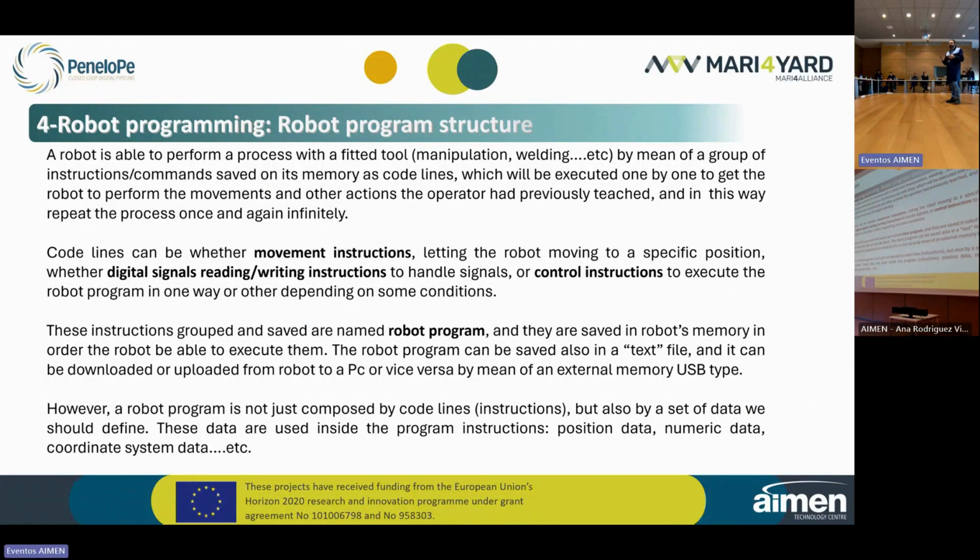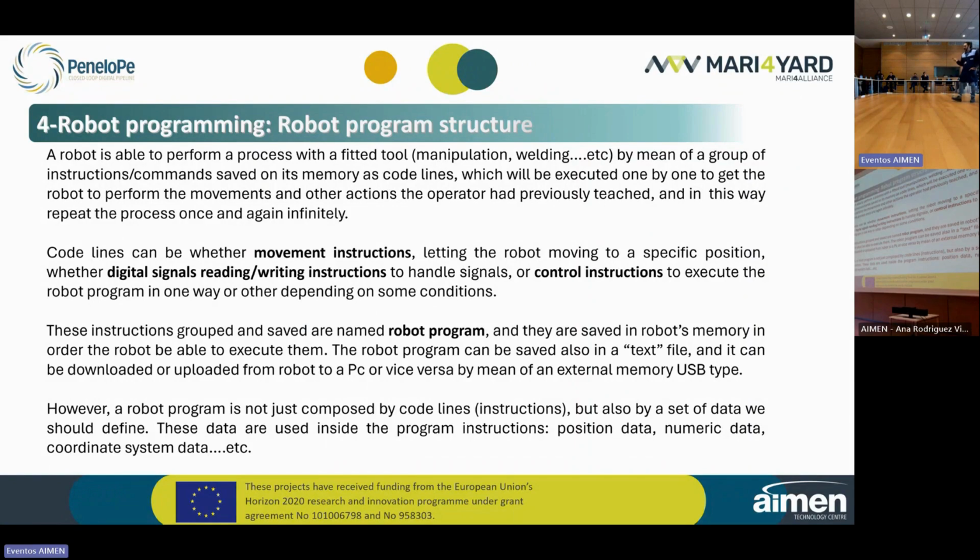This is saved in the robot's memory so the robot is able to execute it inside the control system. Usually in the control system cabinet there is a CPU with a memory inside of this PC, and the program is usually saved on this memory.